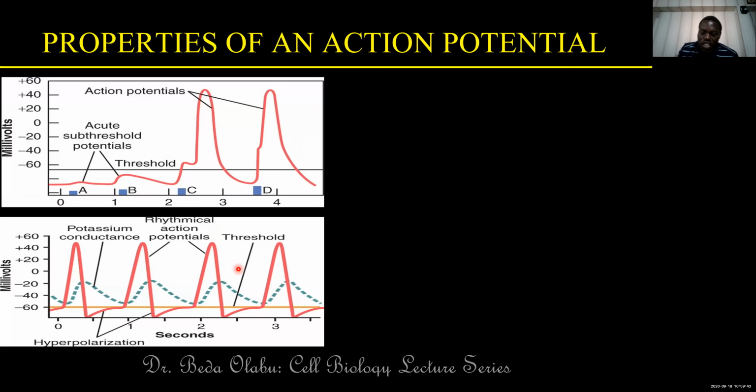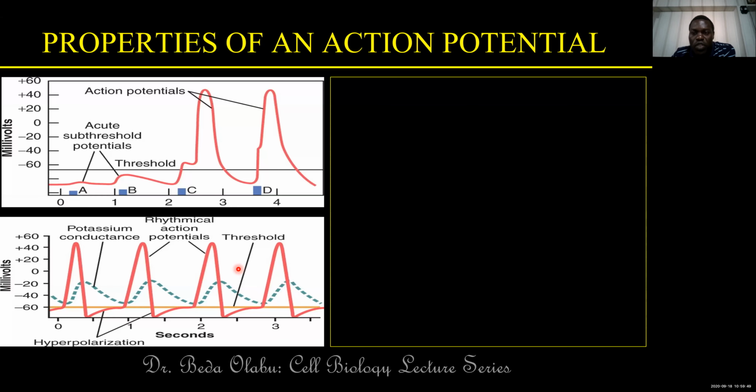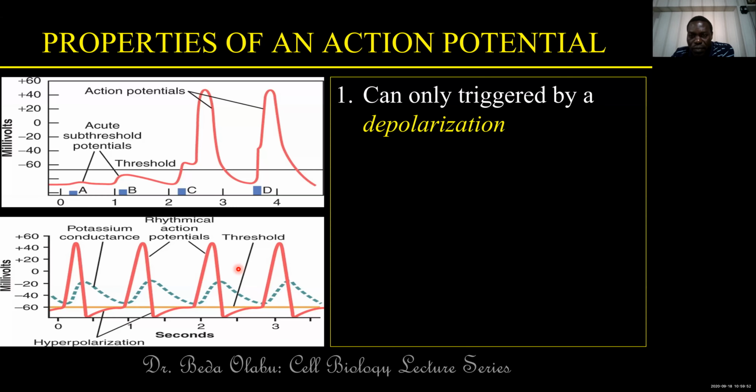Now I want us to finish by talking about properties of an action potential. One of the properties of an action potential is that an action potential can only be triggered by a depolarization.